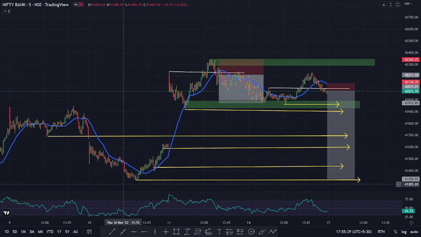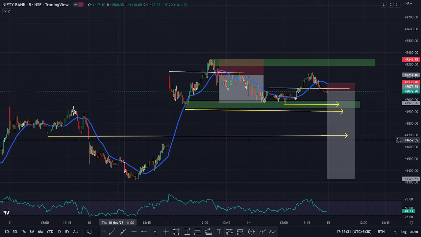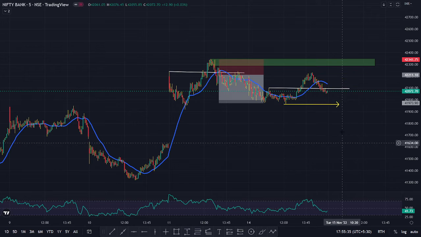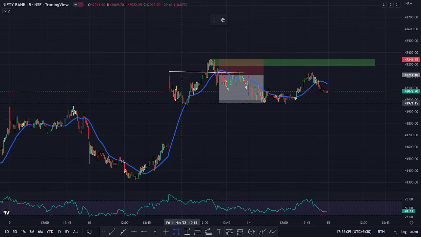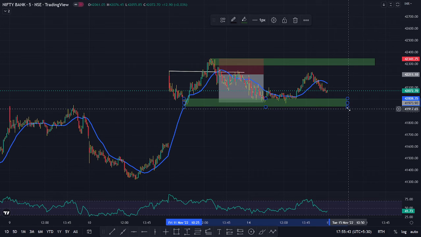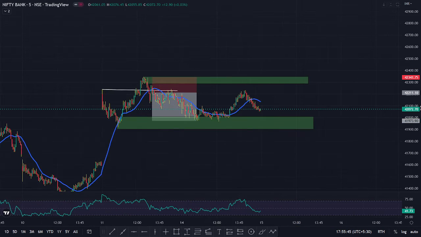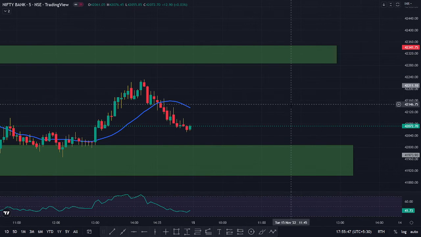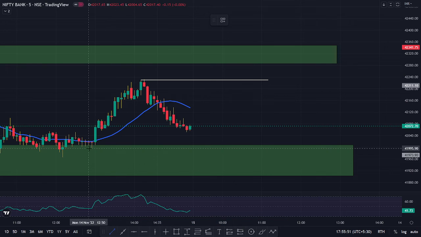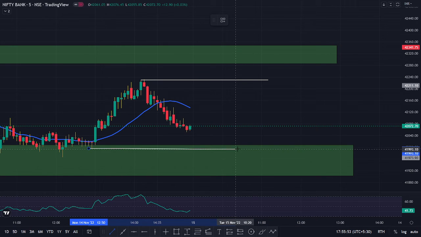Okay, so keep these. We need to mark this now. Here, I might be looking for some buy trade if the market breaks this line and doesn't close below this line.